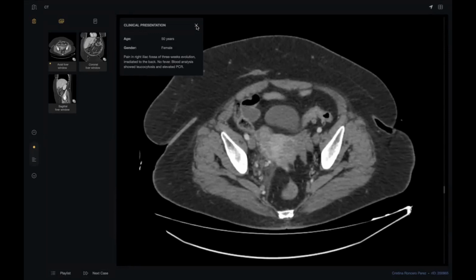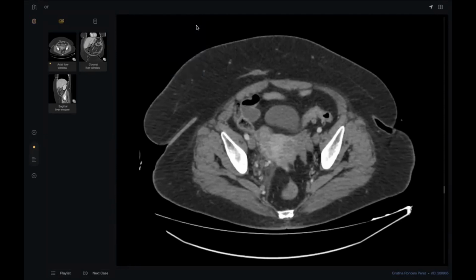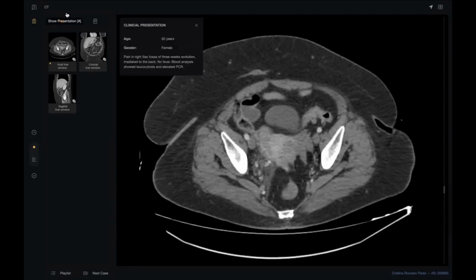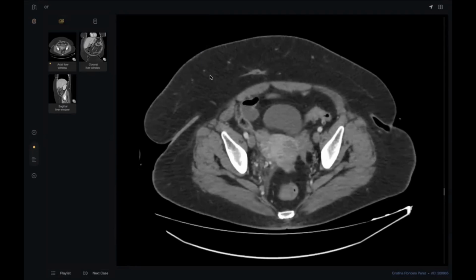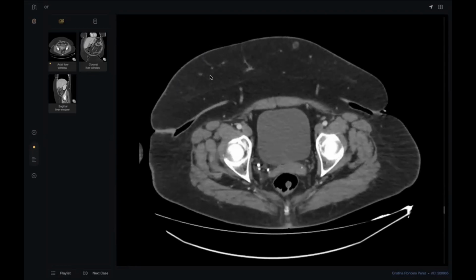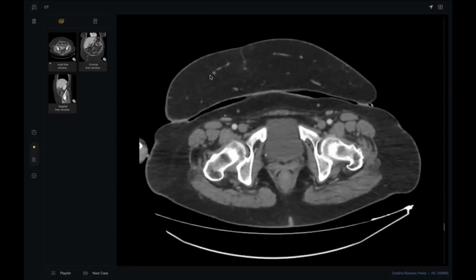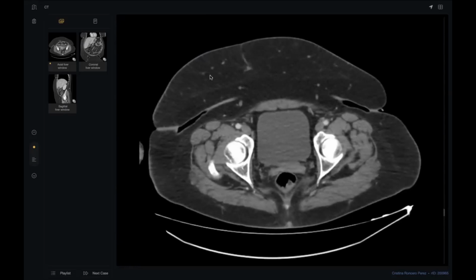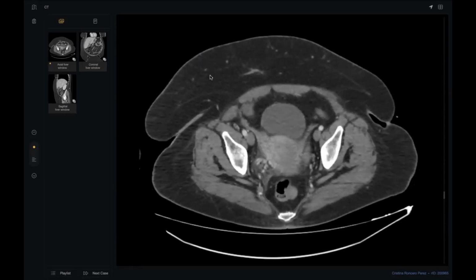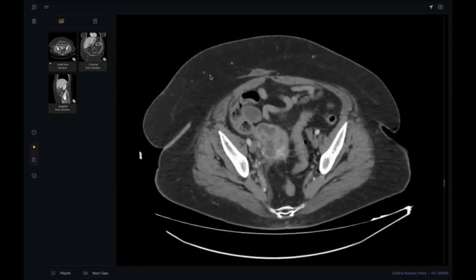Sorry, could you please score for me, doctor? Okay, a 50-year-old female patient presented with right iliac fossa pain for 3 weeks. I am presented with axial cuts of CT abdomen pelvis with contrast for a patient presented with right iliac fossa pain.